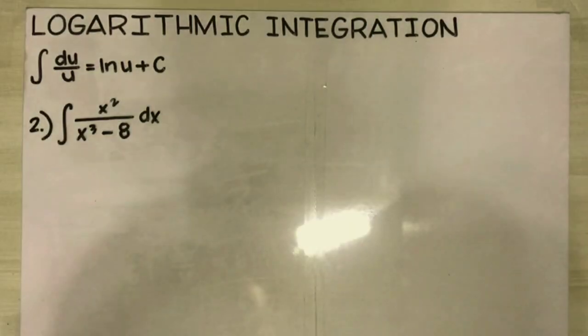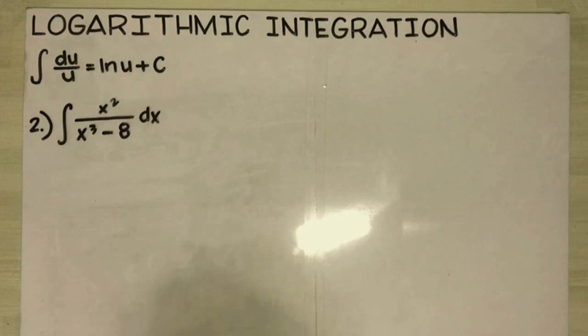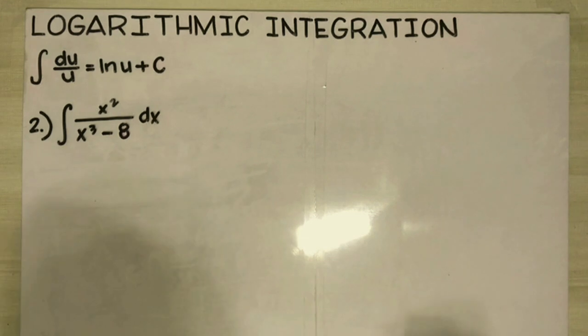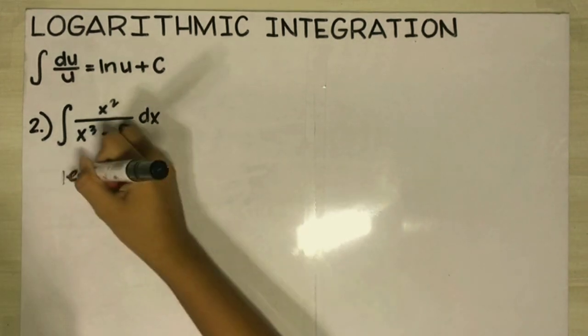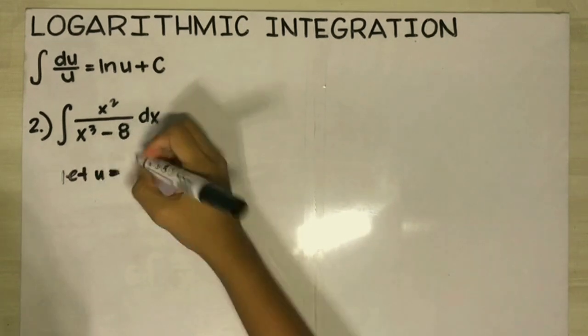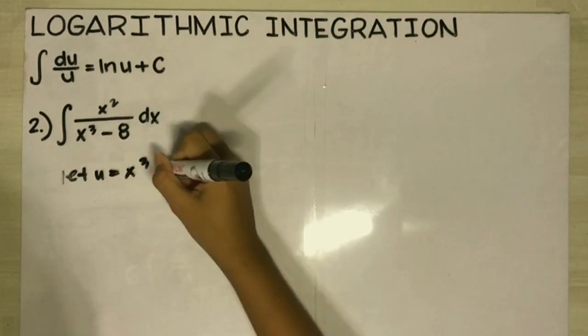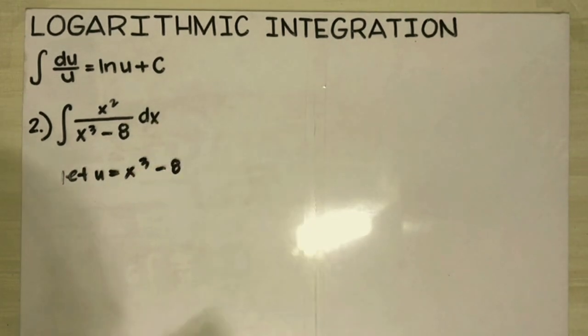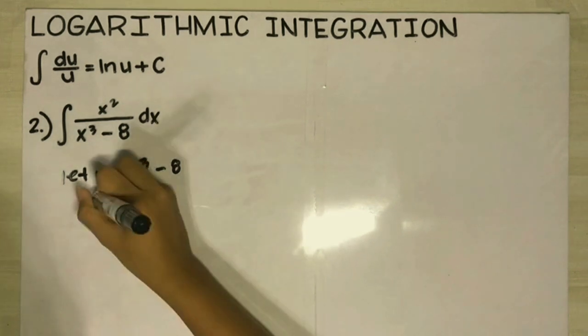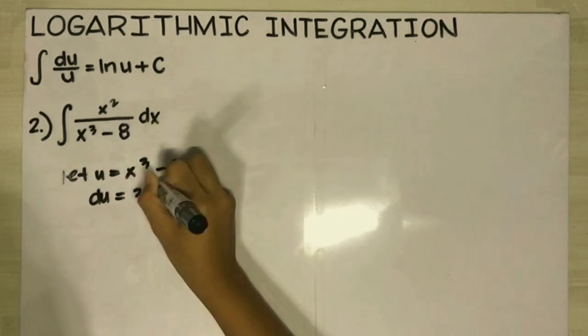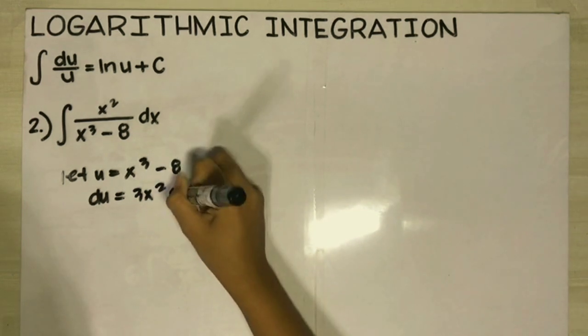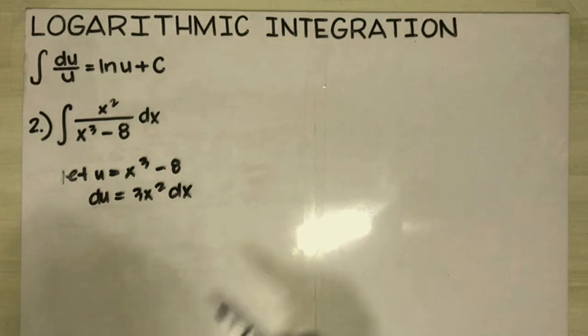So for our second example, we have the integral of x squared all over x cubed minus 8 dx. So again, let's use the u substitution. Let u equal x cubed minus 8, because as we can observe in the problem, when we differentiate this, the derivative will have an x squared, which is our numerator. So du is equal to 3x squared dx.